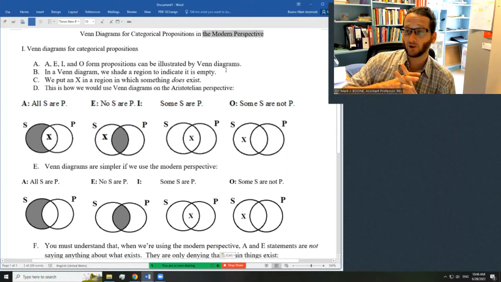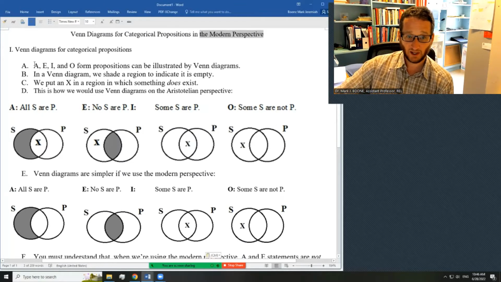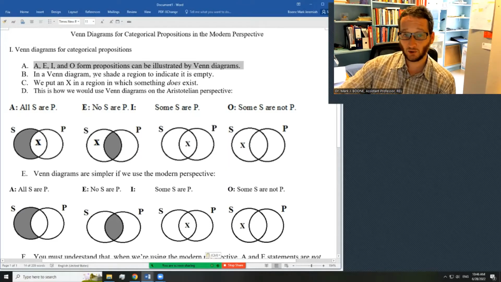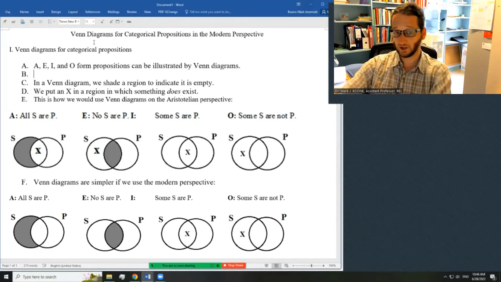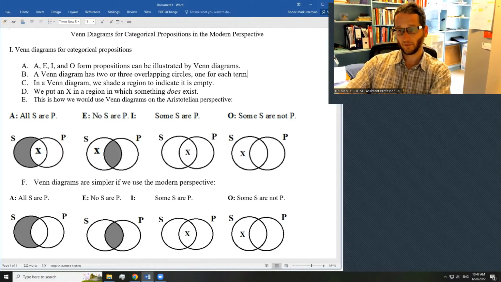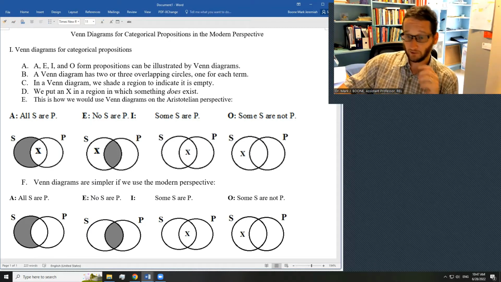All right, so learning the basics of Venn diagramming, let's learn this first. The 4 different forms of categorical proposition, A, E, I, and O, can all be illustrated by Venn diagrams. A Venn diagram has overlapping circles, 1 for each term, and it's actually 2 or 3 overlapping circles.